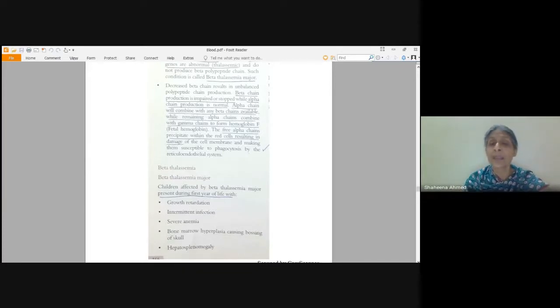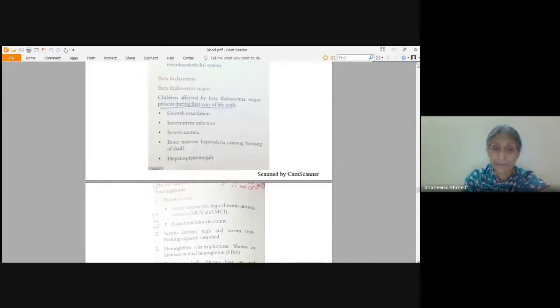And free alpha chains which cannot find any sort of gamma chain or beta chain will start precipitating within these red blood cells. And when they precipitate within these RBCs, they damage the cell membrane of these RBCs and make them more liable for phagocytosis and destruction.